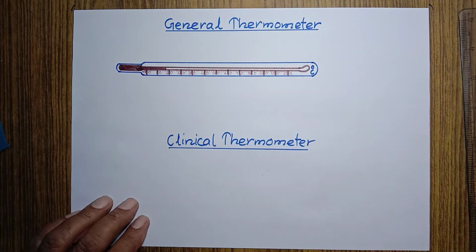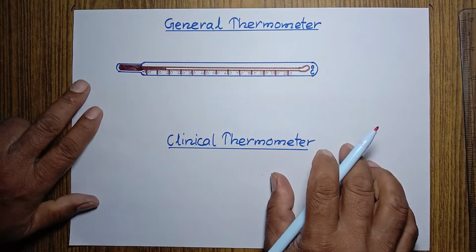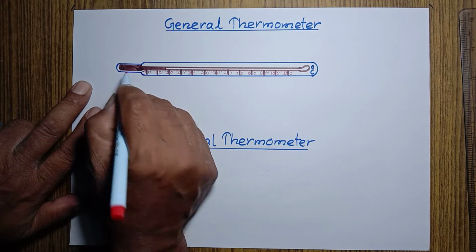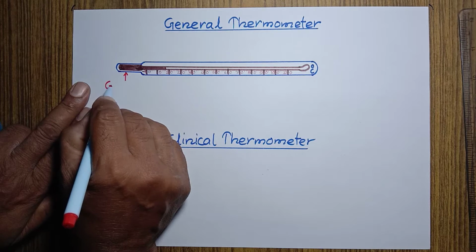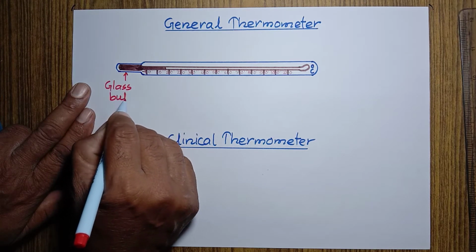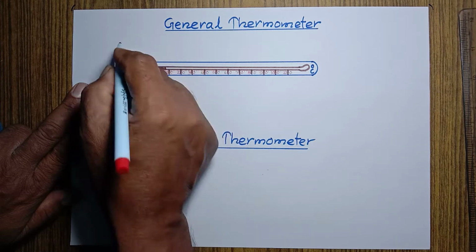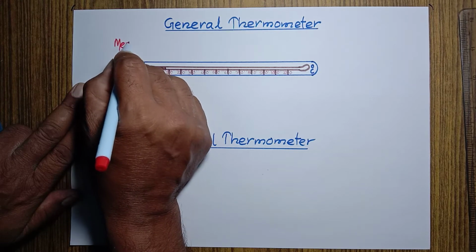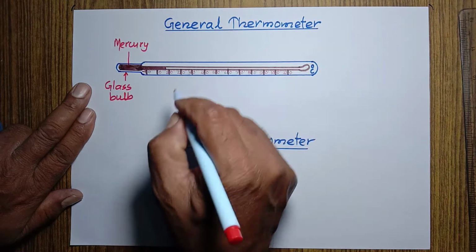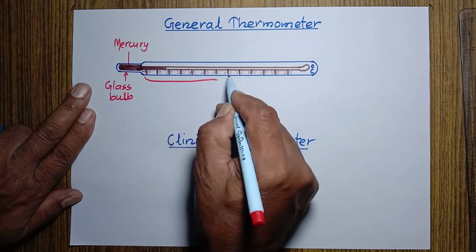Okay, now without labeling, a figure doesn't exist. That's why I want to show the labeling. So the labels: this is the glass ball, and this is mercury. It is filled with what? Mercury. And this is the glass ball, and the long stem is here.